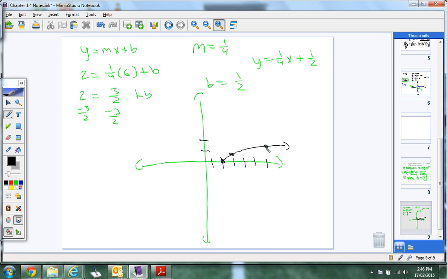That's pretty good there. That's what the graph will look like, the original. Okay, and our graph that we made, you'll see, starts at 1/2. It goes up 1 over 4. So essentially that's going to be the tangent spot that goes through 6, 2. Mine's a little bit off.